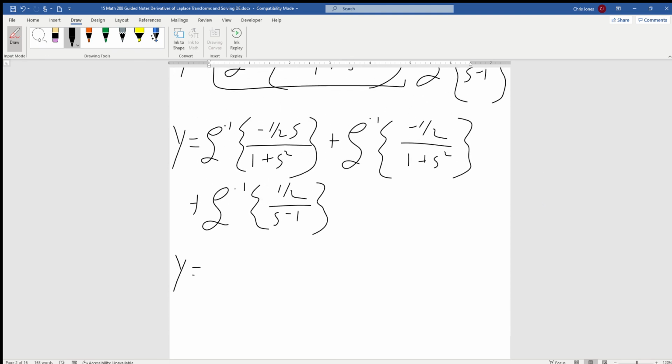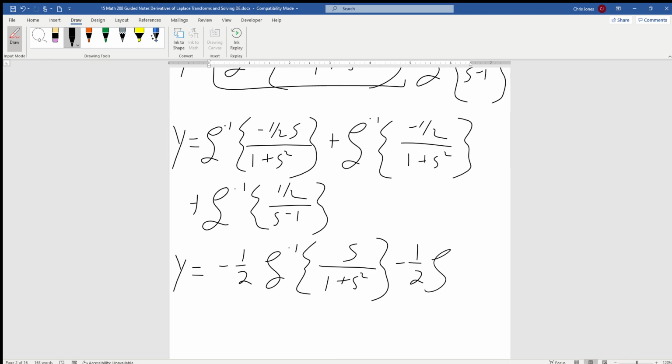So now y is going to be equal to minus 1/2 inverse Laplace of s over 1 plus s squared, minus 1/2, excuse me, of the inverse Laplace of 1 over 1 plus s squared.